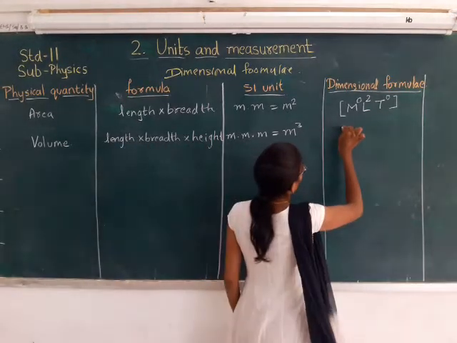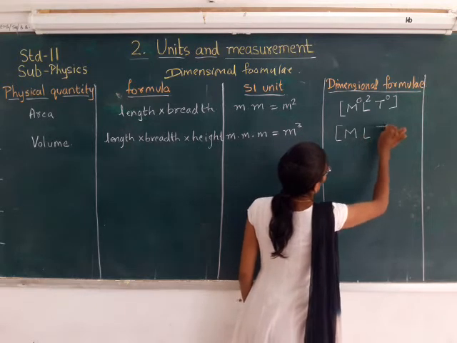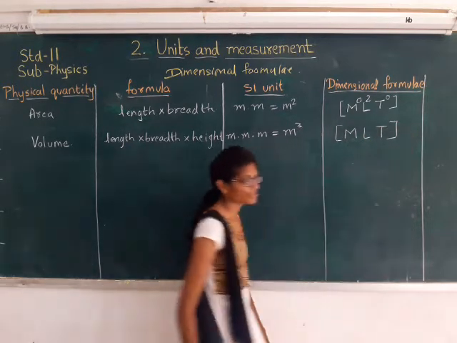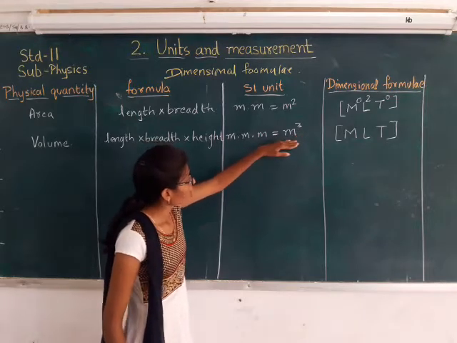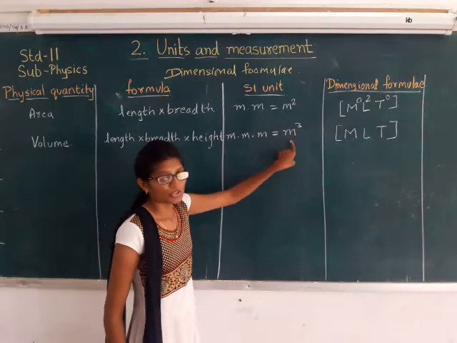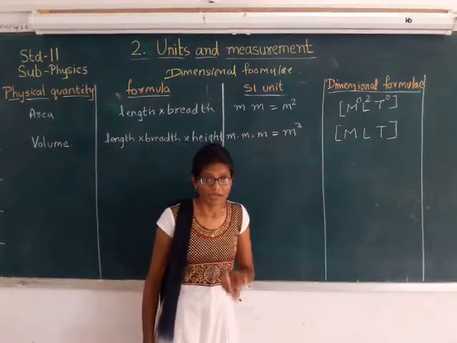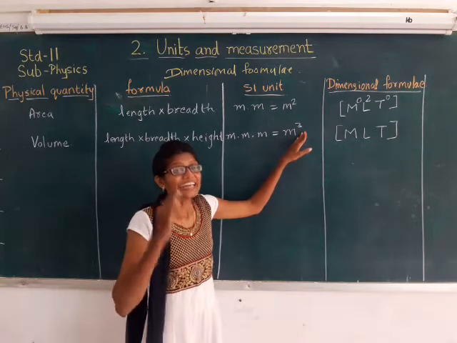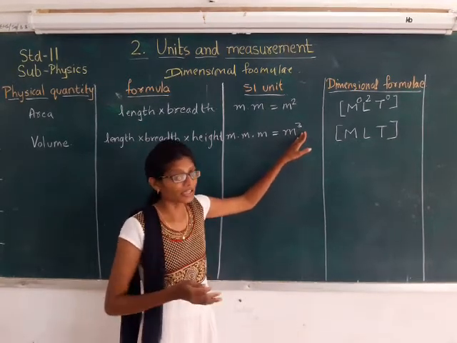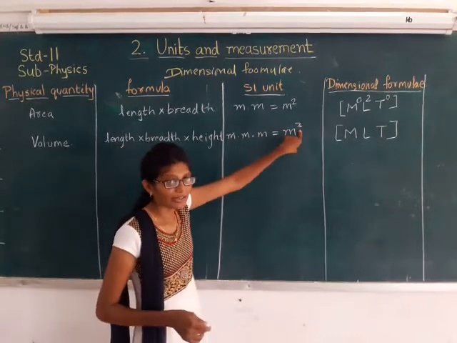Again, first of all let me write M, L, T, that is the dimensional formula. Now see, for the volume we have meter cube as its unit. Here 3 is the power, right? And that represents the dimension of the length. Here the dimension of the length is 3, right?